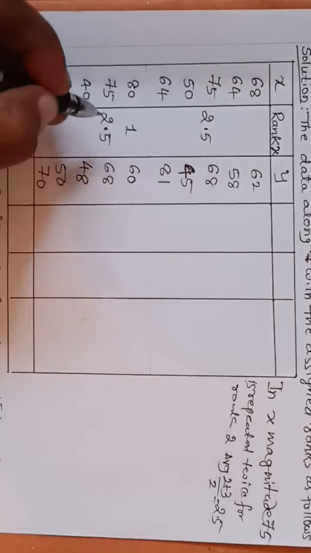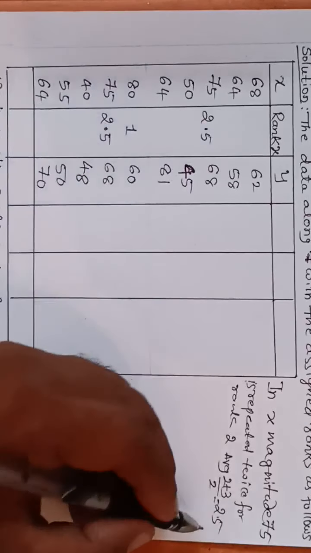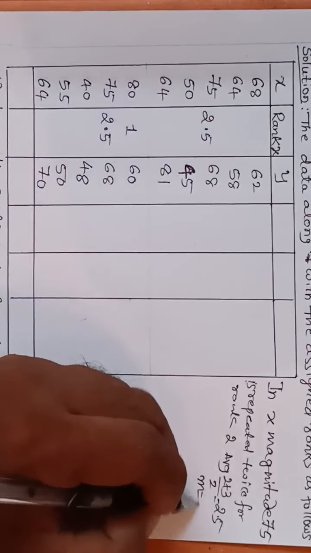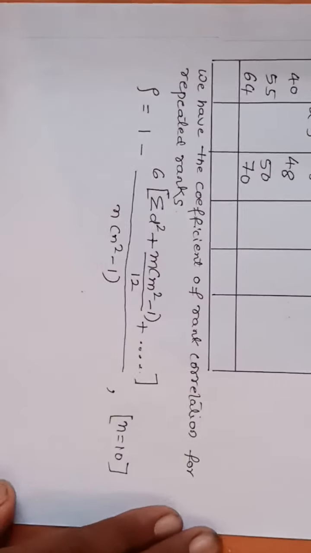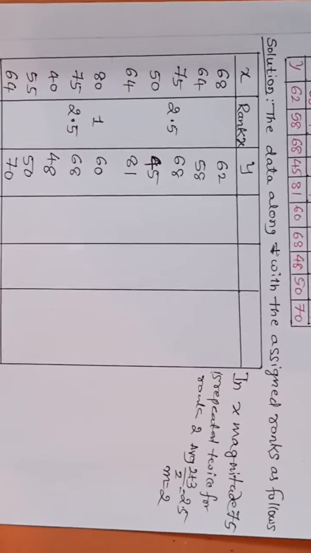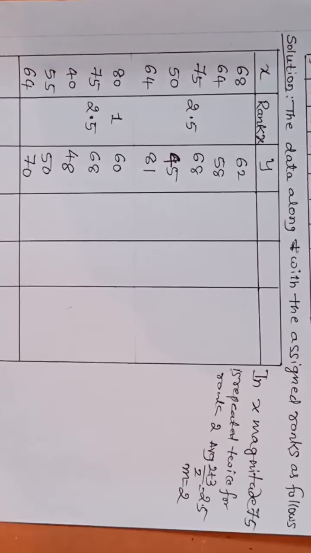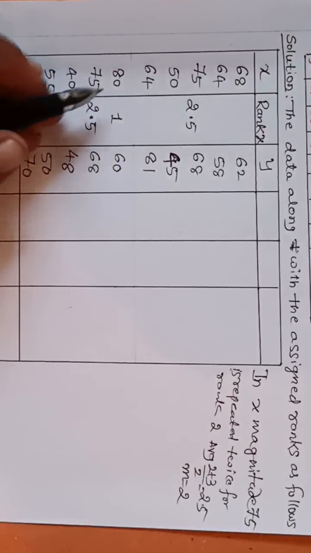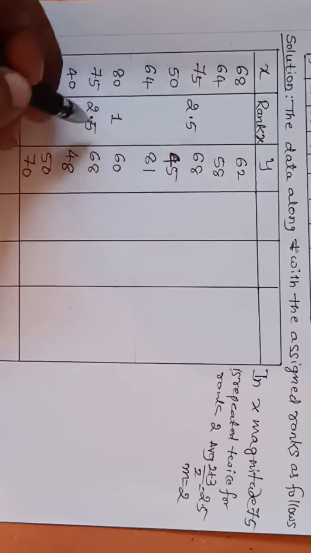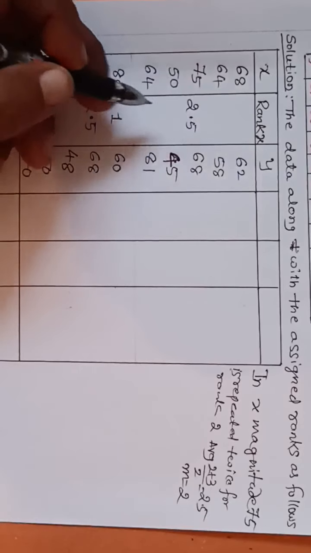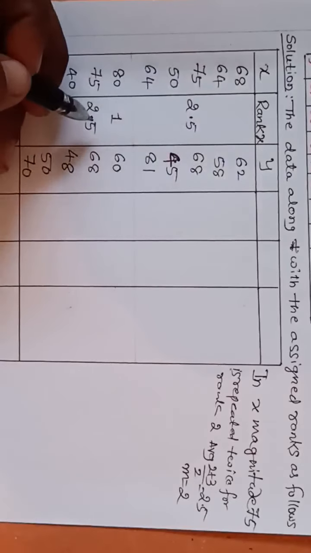We mark it as rank 2.5. Here we can call m equals 2, which is the m we require in the formula. So rank 1 is over, and ranks 2 and 3 are given 2.5 each.